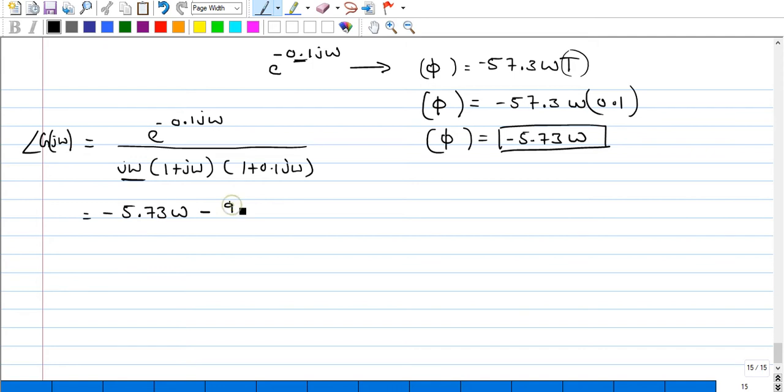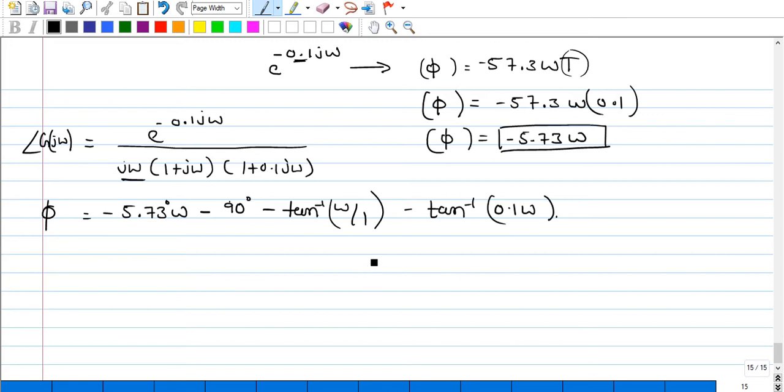It will yield minus 90 degree, and the next term, minus tan inverse of omega by 1, and this particular term will be minus tan inverse of 0.1 omega. Okay, so here this is in degree. If you substitute the value of omega, you will get the particular angle. So this is the complete equation for obtaining the angle.